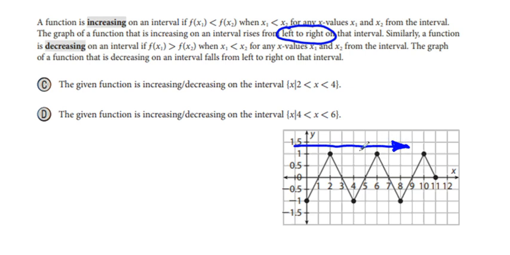Basically, is the function going up, increasing, or going down, decreasing? We can see we have ups and downs over the entire interval. We talked about interval notation last section, from x equals 0 all the way to x equals 11.